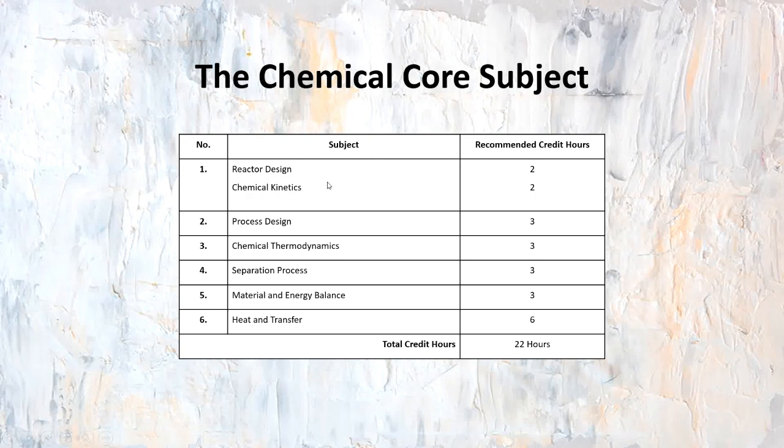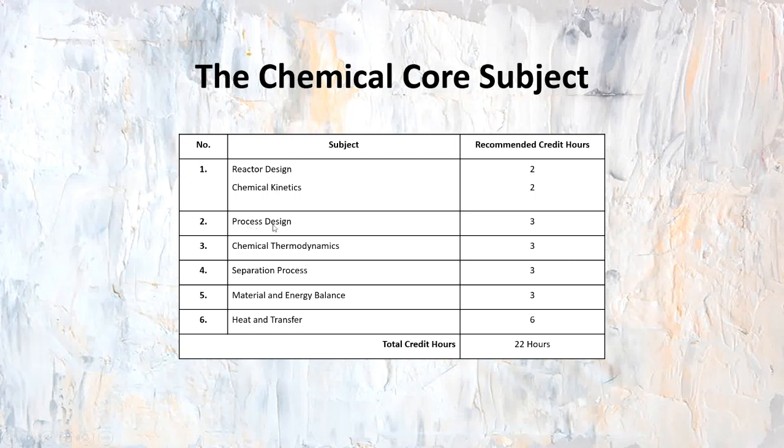There are 6 subjects listed in the table as course subjects. The subjects are firstly reactor design and chemical kinetics with 2 credit hours recommended for each.